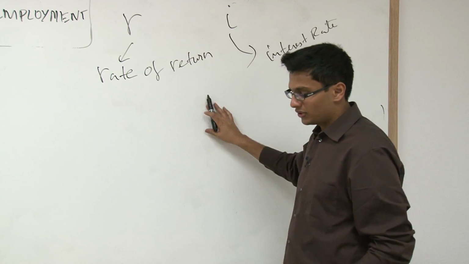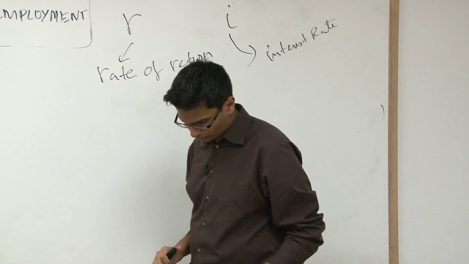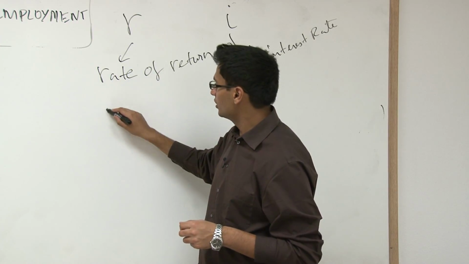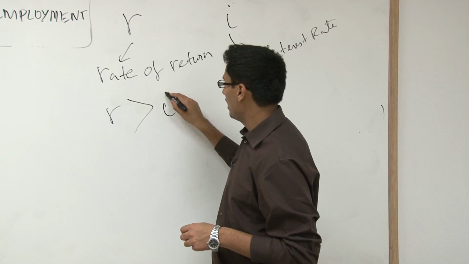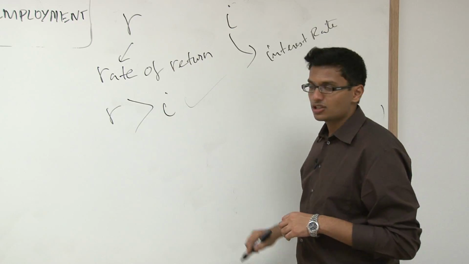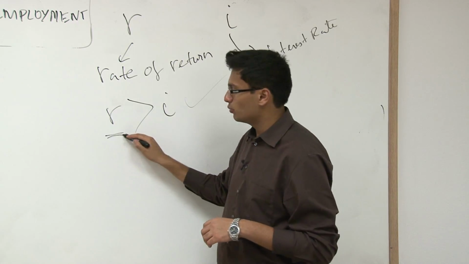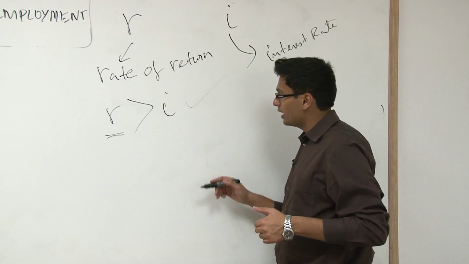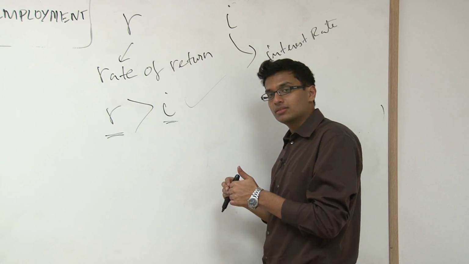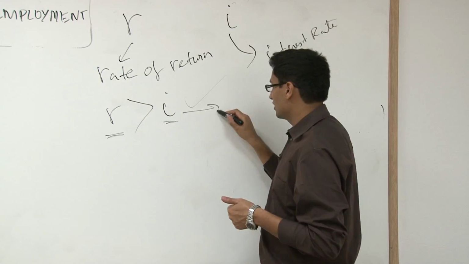Rate of return, interest rate. So what if your R, your rate of return, is greater than your I, the rate at which you borrowed? Well, this is an excellent situation, because the investment that you're making is giving you back more money than the interest at which you're borrowing it. So in this case, you would invest.